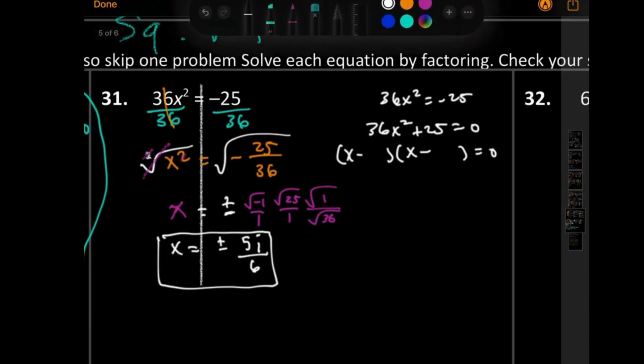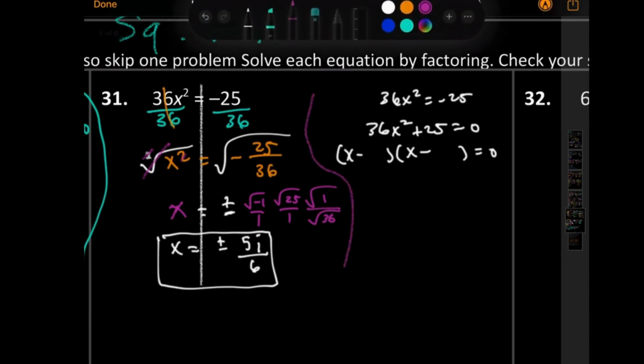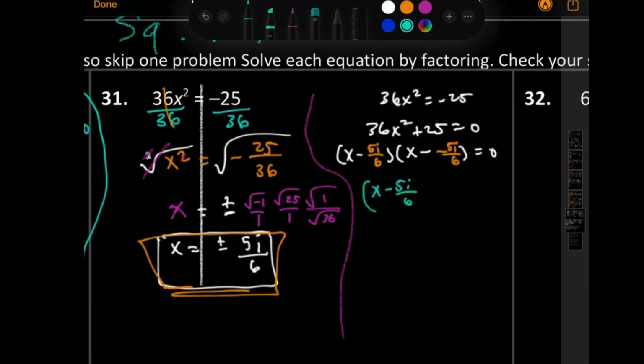Okay, so that's just using my solution, right? One positive and one negative. And you'll just clean it up. Separate it, set it equal to 0, and solve.